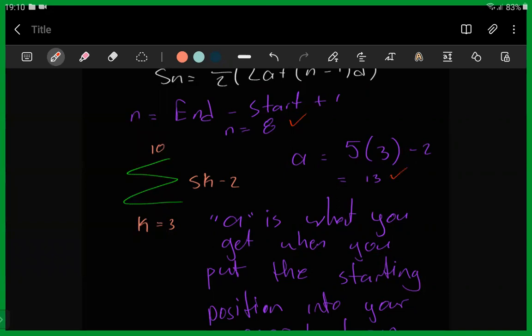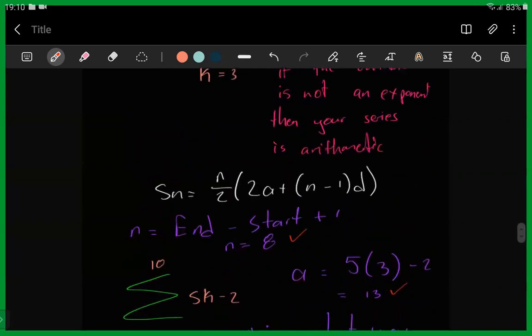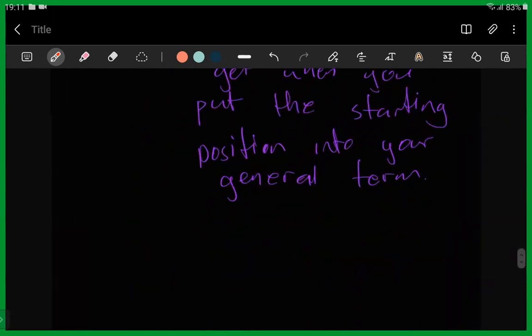Okay. So you see, N we have, A we have. D now, it's just a common difference. So you just need to find out the difference between 2 terms. It doesn't matter which 2 terms you pick, as long as one is ahead of the other. You're taking the bigger one, or the one ahead, minus the one before. You'll always find your value of D like that.